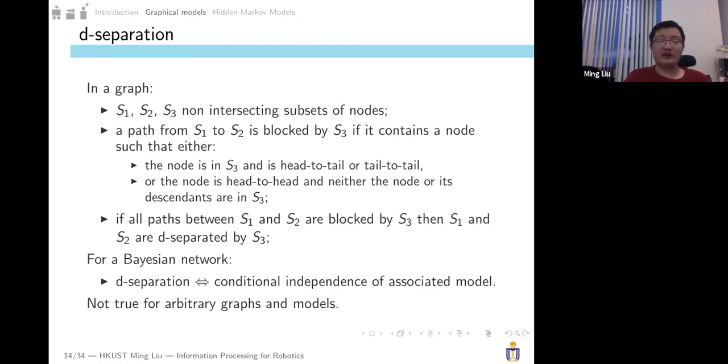In a directed graph, now these cases can be considered: you have non-intersecting subsets of nodes, S1, S2, and S3.